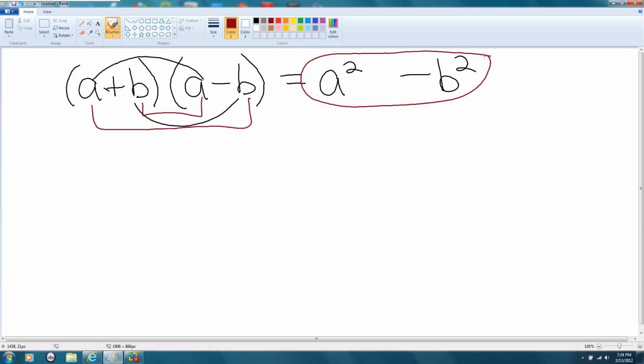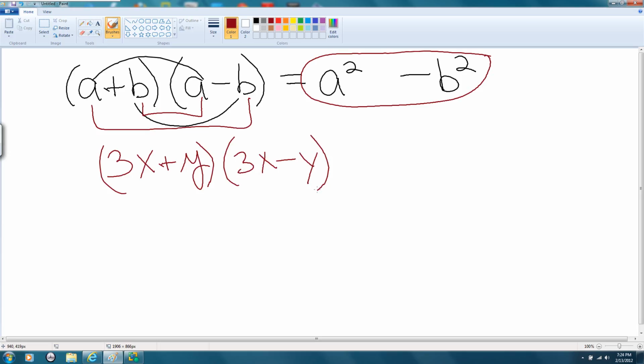Here's an example of one. If we have 3x plus y, and this is an example from the book, and 3x minus y, the a term is the 3x, and we're going to square that.